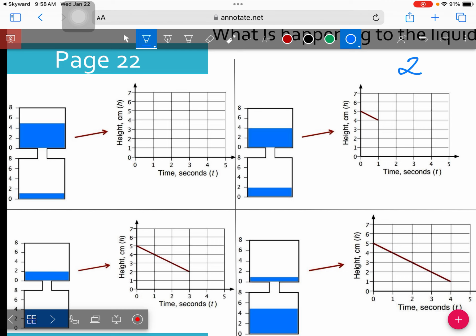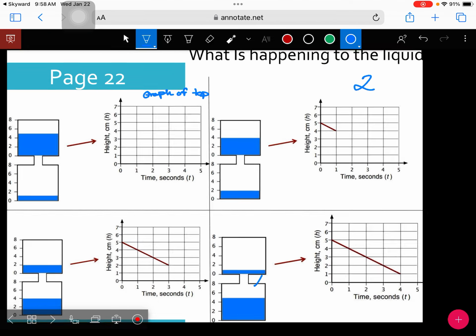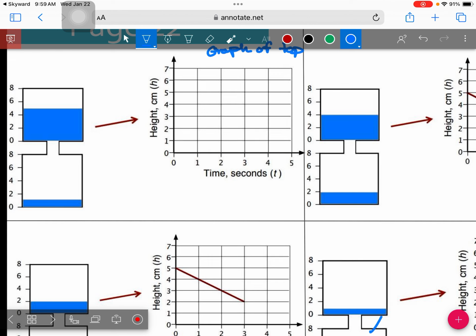So does that mean we're talking about the upper part of the tornado tube, or the bottom? Yes. So this is a graph of the top. Okay? Now, in looking at this top, what is the height of the liquid here of that top prism? 5.